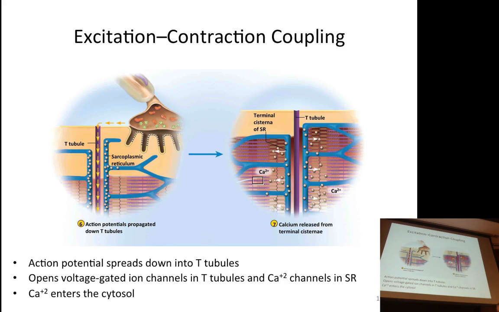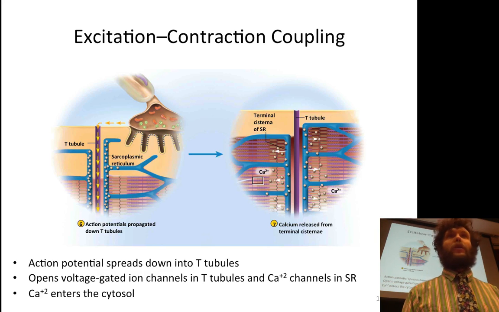There is a close interaction between those two membranes. In fact, they have a channel of proteins that link the two of them. Once the depolarization happens, it opens up voltage-gated calcium channels in the surface of the T-tubules, the sarcoplasmic reticulum, and that calcium floods out down its electrochemical gradient.